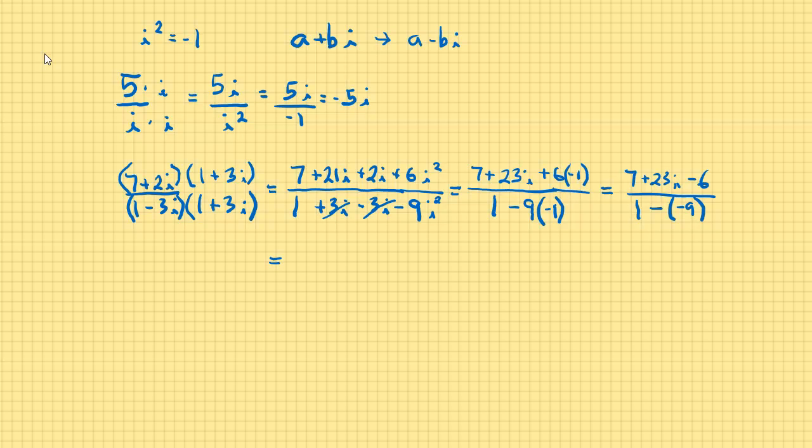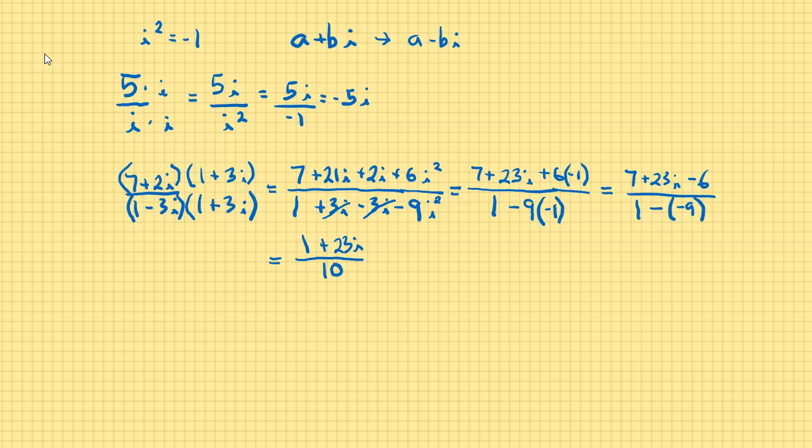So we have 7 take away 6. We can clump those together and just make that 1. So let me write the division bar again. So 7 minus 6 is 1, and then we have plus the 23i. And in the denominator, we have 1 minus a -9, which is 1 plus 9, which is 10.